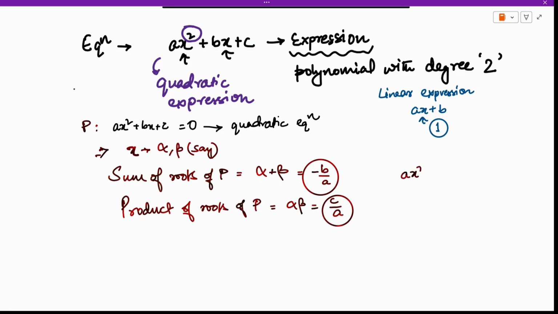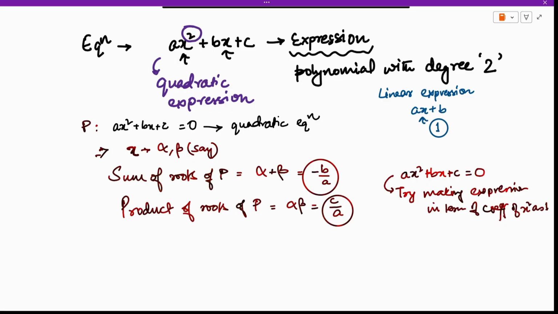So ax square plus bx plus c equals to 0. Just try making this expression in terms of coefficient of x square as 1.